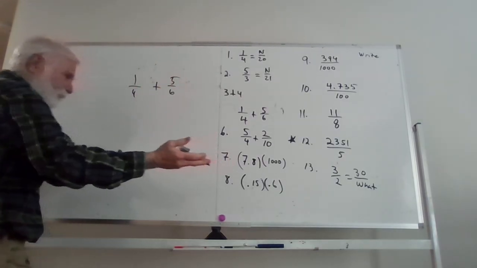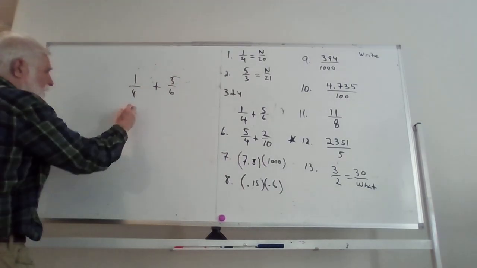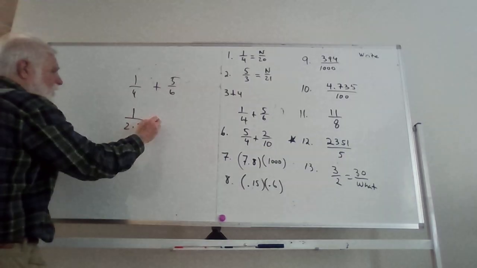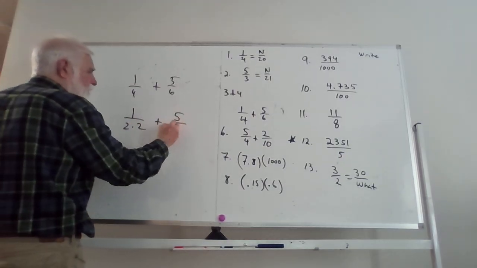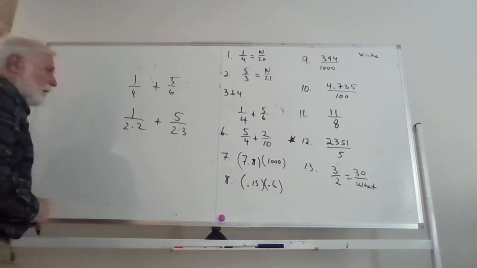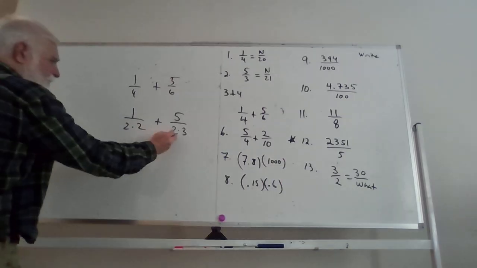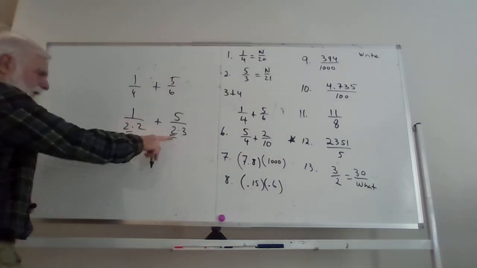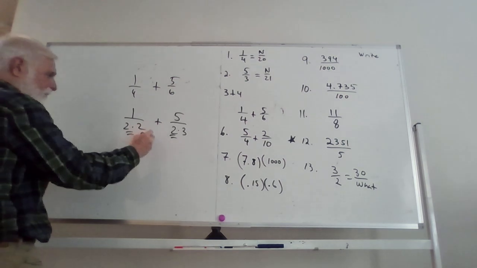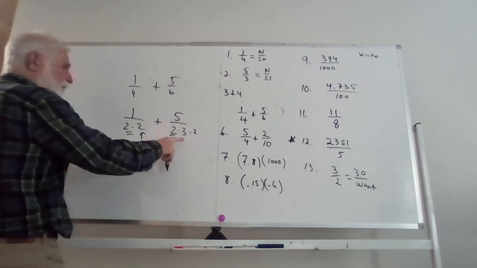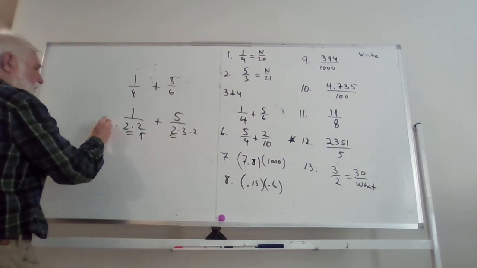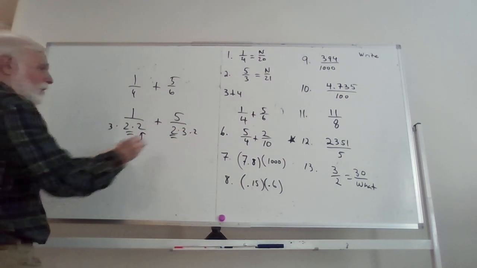Because we have whiteboards, little tablets, that's 1 over 2 times 2, and this is 5 over 2 times 3. Well, what's this one need? This is common. What's not common to this one? That 2. What's not common to this one? That 3. So what's new?